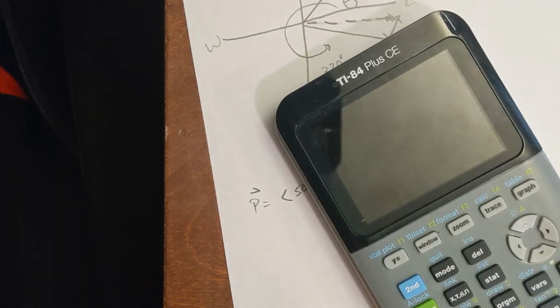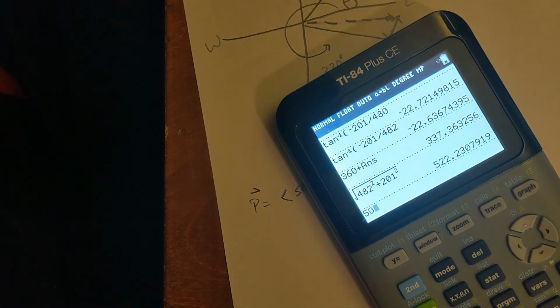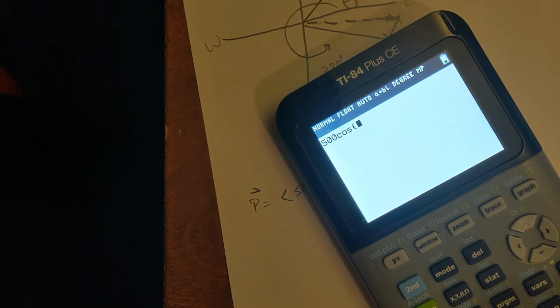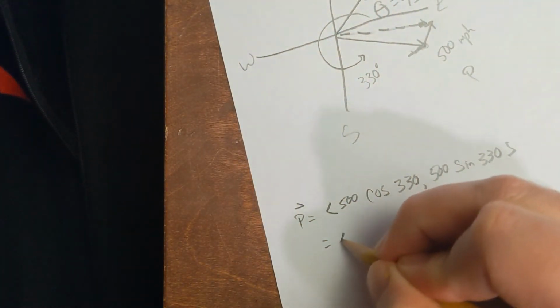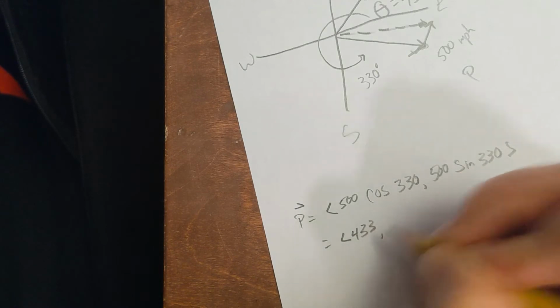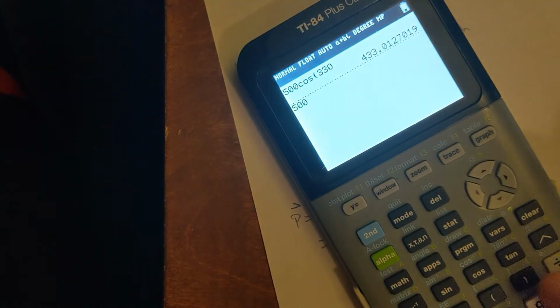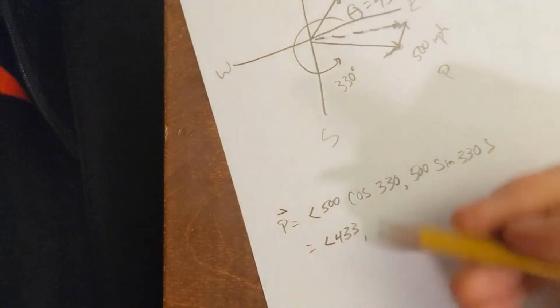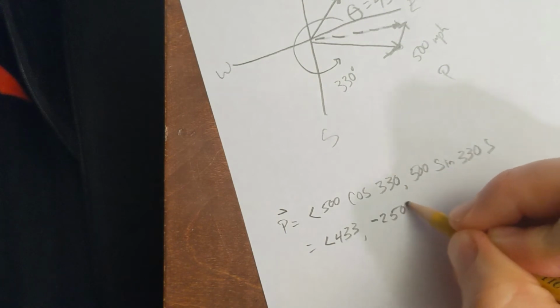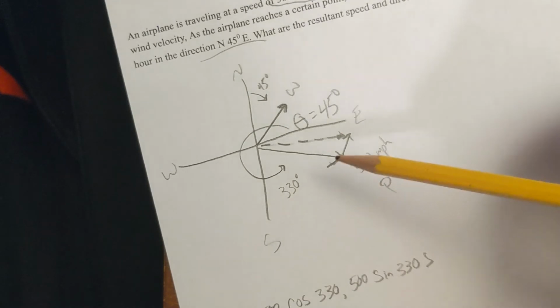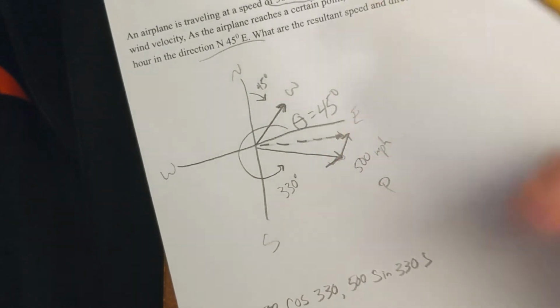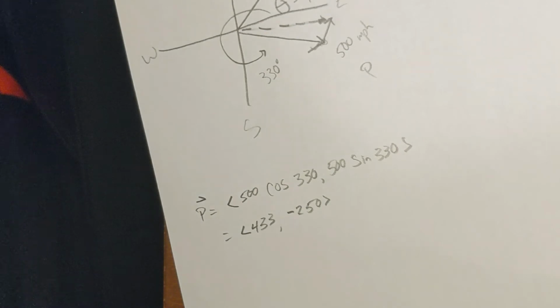If we look at this on the calculator, 500 cosine 330 gives me about 433, and 500 sine 330 gives me negative 250. Now remember, we're saying that our plane is in this fourth quadrant, and what we know about quadrant 4 is that x is positive and y is negative, so our answer makes perfect sense.